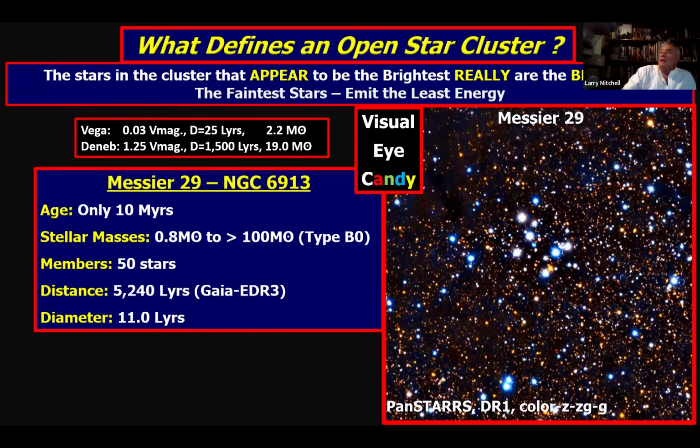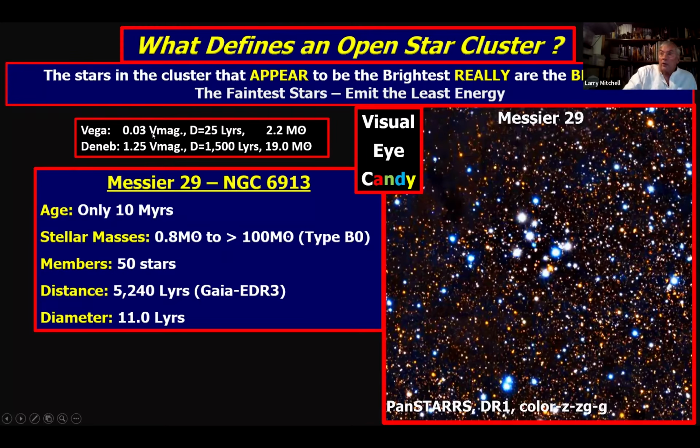The faintest stars emit the least energy. A lot of times when we look in the night sky, we have no perspective of whether a star is brighter or fainter. Is that because the brighter star may be closer, or it may be a more massive star? We just don't know.